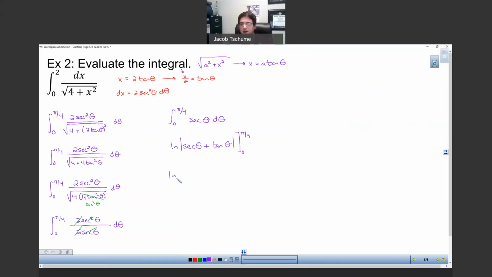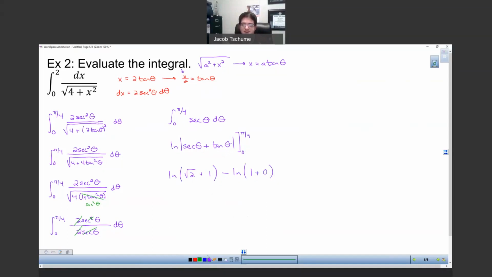When I plug pi over 4 in to get my values, the secant of pi over 4 is going to be root 2. The tangent of pi over 4 is 1. And then minus the natural log, if you plug 0 in, the secant of 0 is 1, plus the tangent of 0 is 0.